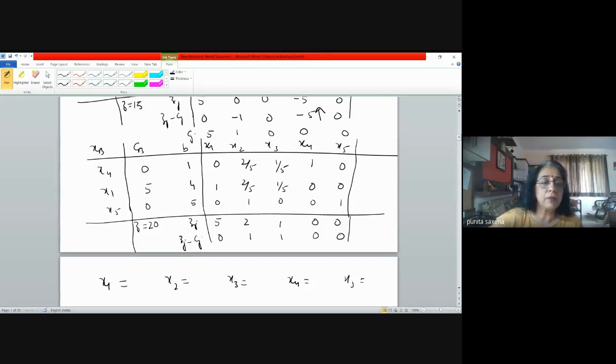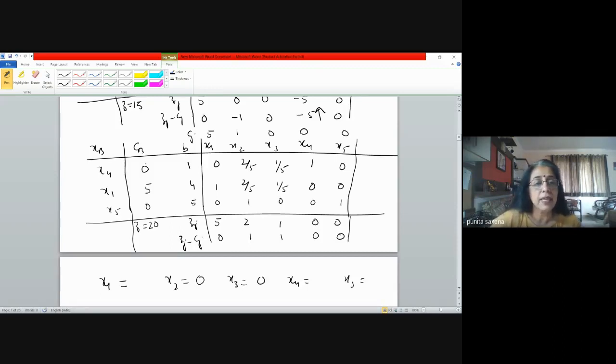Now, if I look at my optimal simplex table, I observe that x1, x4 and x5 are basic variables. So definitely x2 and x3 are non-basic.